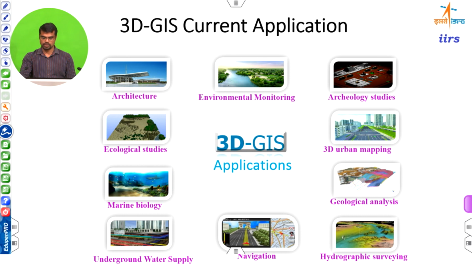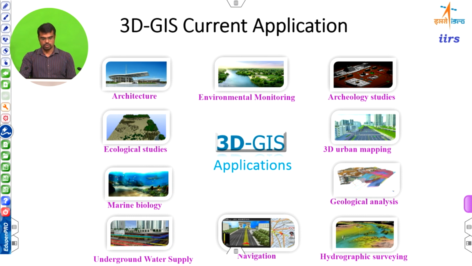It also shows you the available 3D buildings around it, so those kinds of applications are already underway. Utility mapping, such as underground water supply and sewerage lines, is another area. So what we see here is that underground water supply navigation is an extension of different 3D urban mapping techniques.